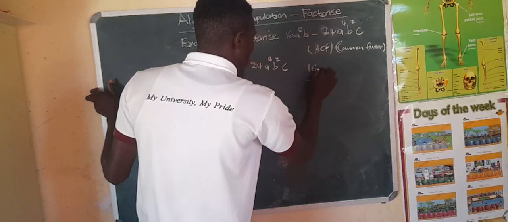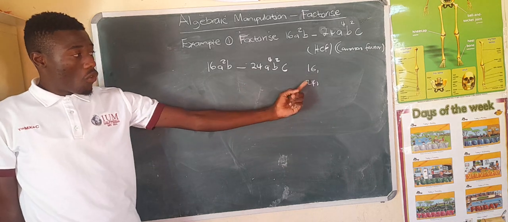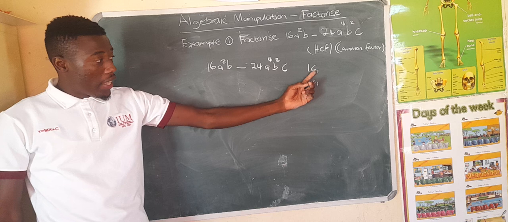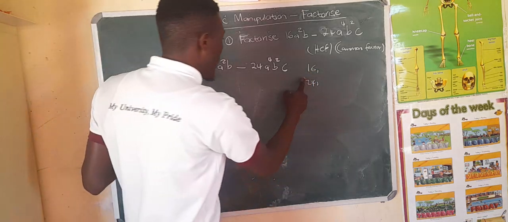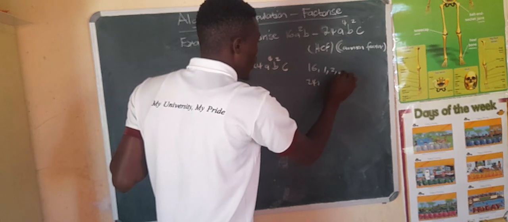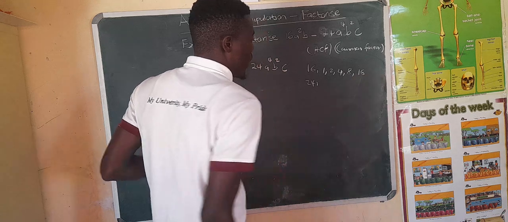We have 16 and then we have 24. Let's first find the highest common factor of 16 and 24. What are the factors of 16? 1, 2, 4, 8, 16.